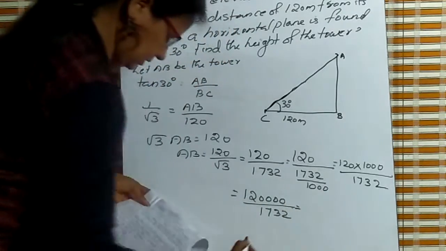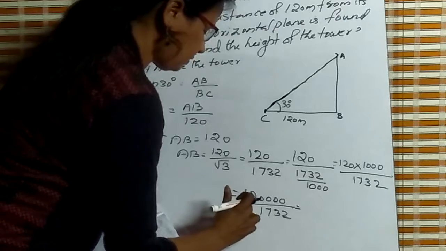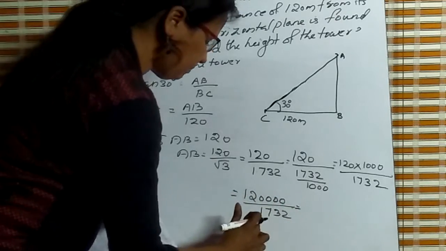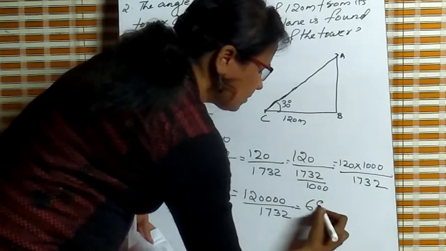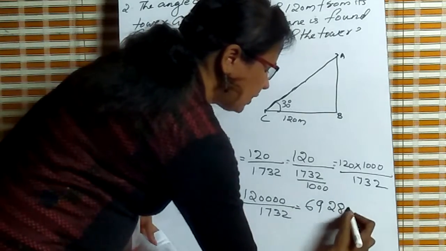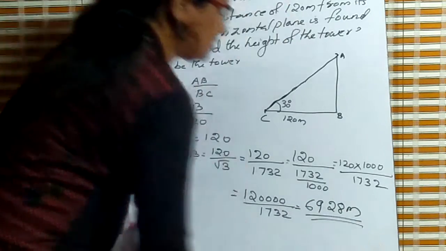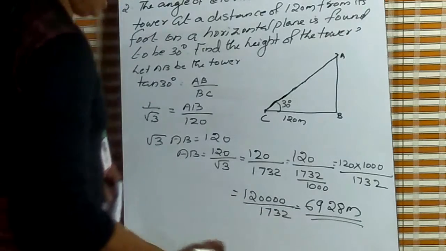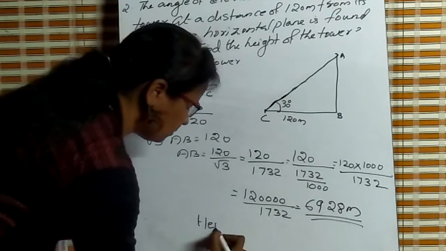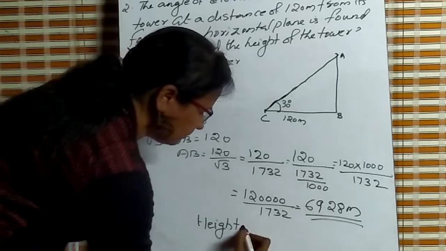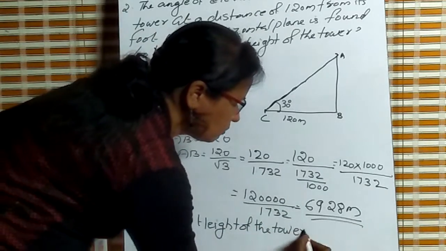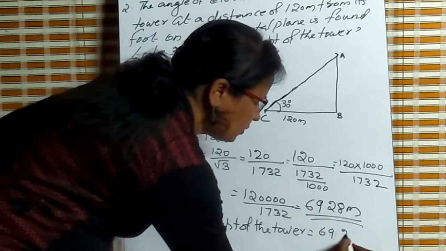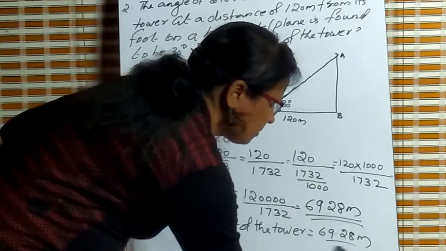We divide this 1,20,000 by 1732. We get 69.28 meter. This is the height of the tower. The height of the tower is equal to 69.28 meter.